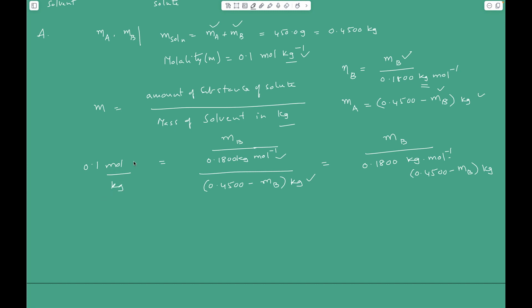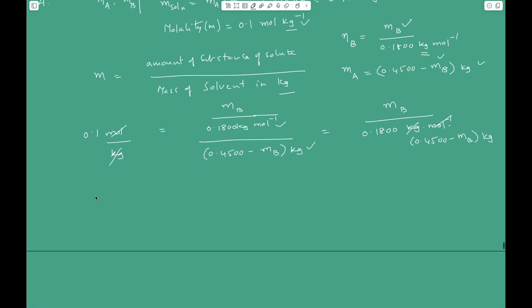That is mole per kilogram. So cancel this kilogram and this kilogram, and mole inverse when it goes to the numerator becomes mole, so these two also get cancelled. Then you will have 0.1 is equal to MB over 0.1800 multiplied with 0.4500 minus MB kilograms.